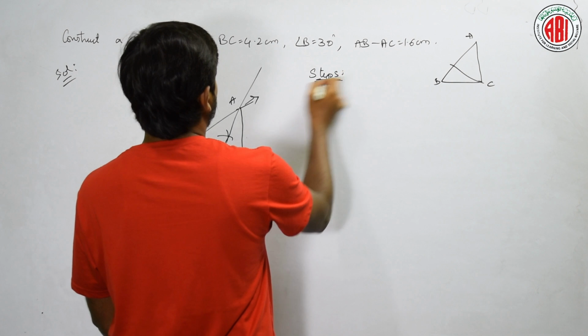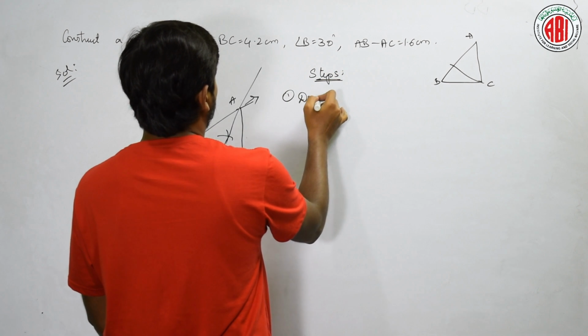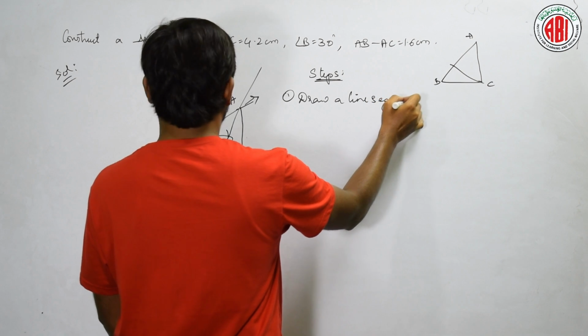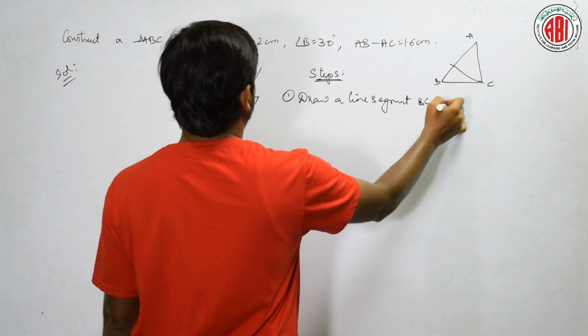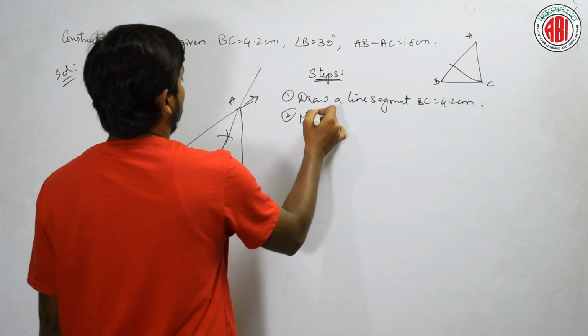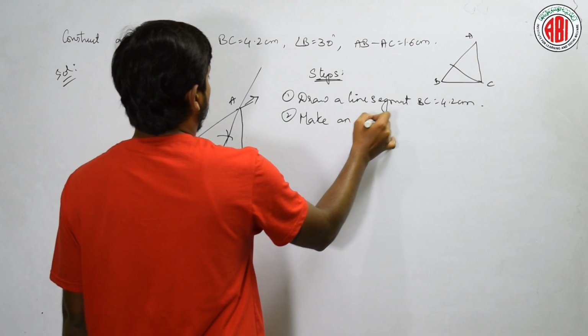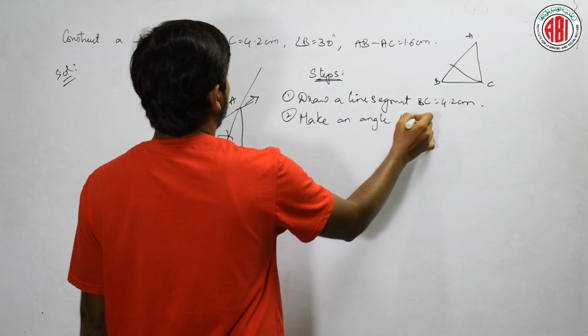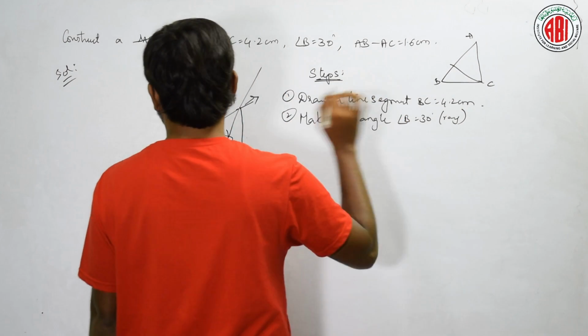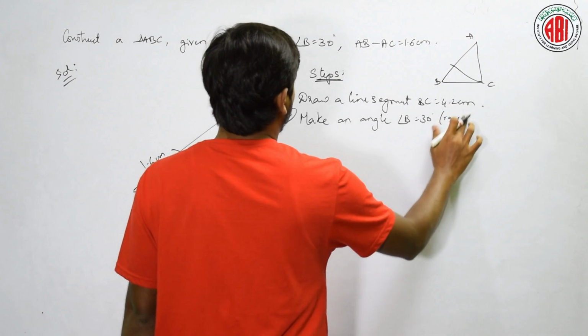Steps of construction. First line, draw a line segment BC equal to 4.2 centimeter. Okay. Second, make an angle B equal to 30 degrees. Let us name that ray as BA. Okay.